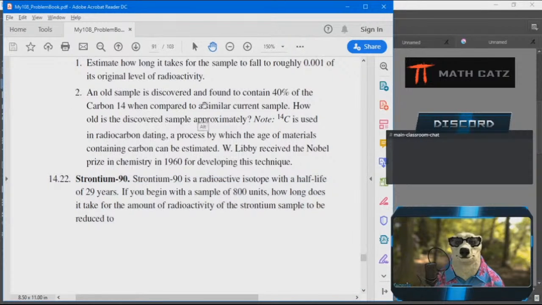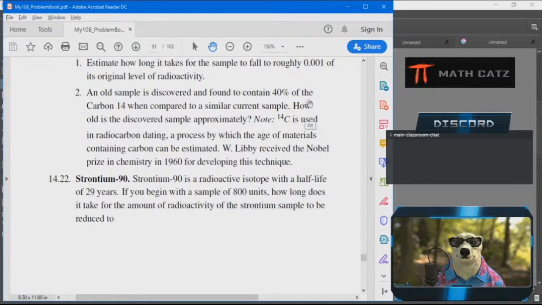An old sample is discovered and found to contain 40% of the carbon-14 when compared to a similar current sample. How old is the discovered sample approximately? So this is called carbon dating. By measuring the carbon-14 in an old fossil or something and comparing it to what I found in current comparable samples, I can get an estimate of how old that sample approximately is.